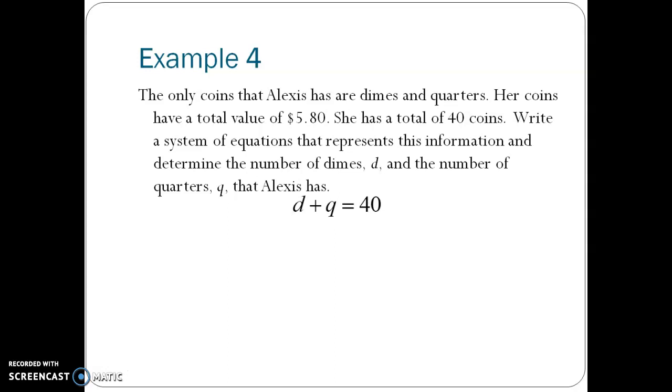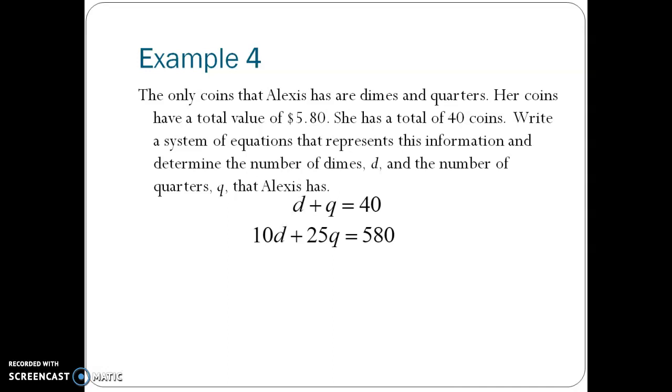So if each dime is worth 10 cents, if I do 10 times D, that will give me the total number of cents coming from the dimes, and 25Q, that will give me the total number of cents coming from the quarters. Added together, that should total 580 cents, right? $5.80 is 580 cents. So I can write my second equation, 10D plus 25Q equals 580.